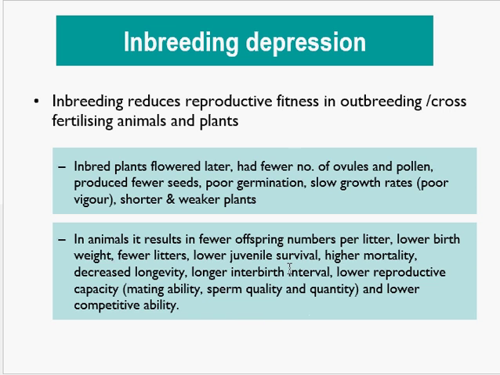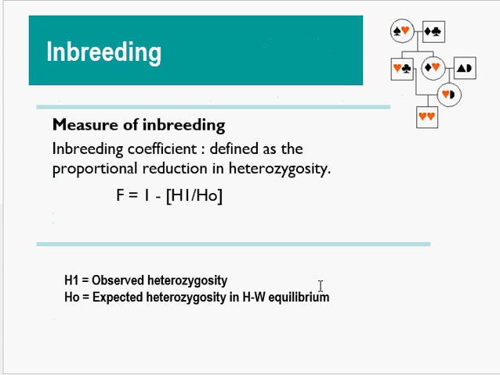So inbreeding depression is a bad thing. Just going back, if heterozygosity is lower, that means a lower number, which means a higher F. So if a population is more inbred, the F tends to be higher.